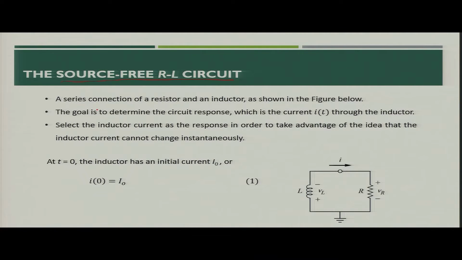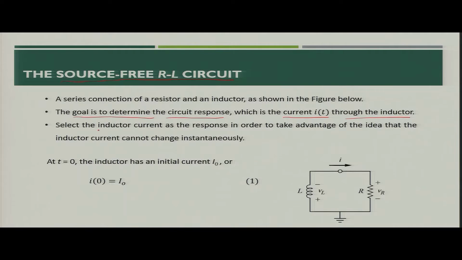Now, the RL circuit which we will consider for today's discussion is connected in parallel, or you can say that the elements are connected in series in a loop. The goal of the circuit analysis is to find the current i(t) flowing through the inductor.